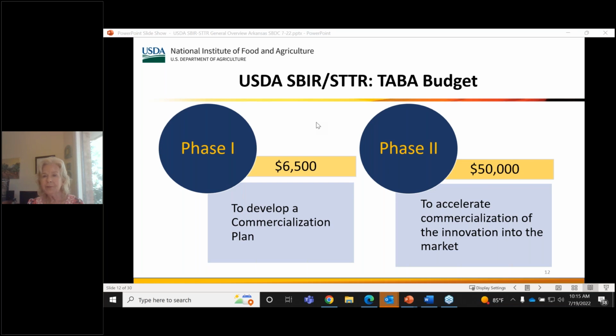So the budget for TABA for phase 1 for both SBIR and STTR is $6,500, and that is to develop your commercialization plan that will go into your proposal for phase 2. So again, in phase 1, remember you're doing a proof of concept, research for your innovation, and you're also at the same time developing a more comprehensive commercialization plan.